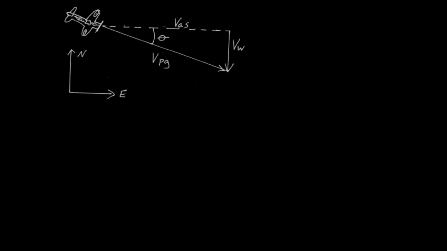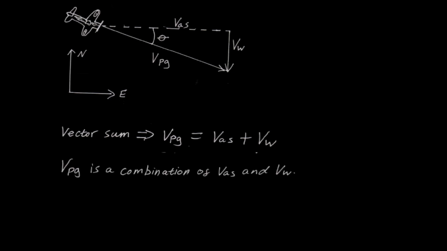Well, we can turn this into our own version of the diagram. Always a good idea to help you comprehend it rather than just looking at my diagrams. And here we have the same thing now, written in virtual chalk. So our vector sum is going to be some sum of the airspeed plus the wind velocity. So we're looking at a combination of those two.